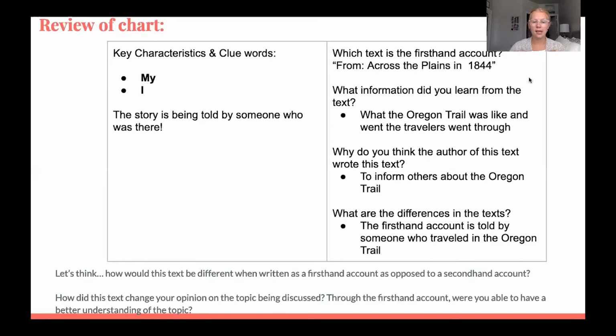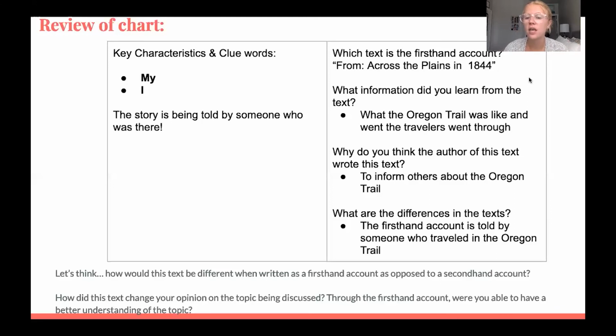Now let's think. How would this text be different when written as a first-hand account as opposed to a second-hand account? What was the difference between the texts?